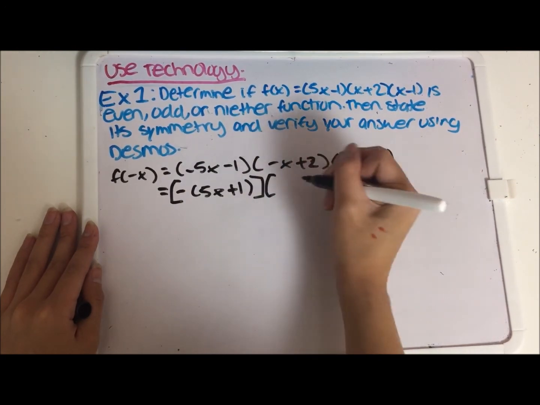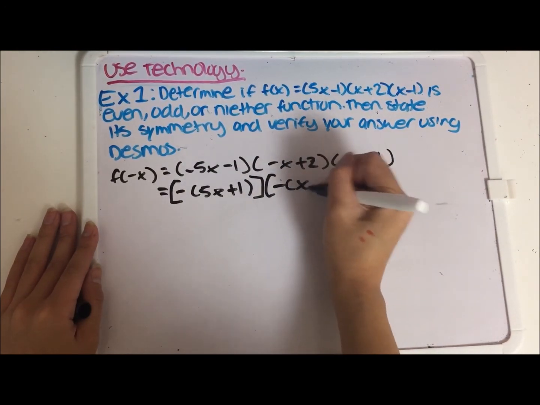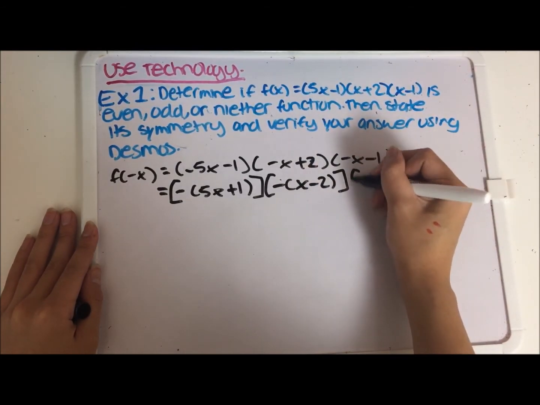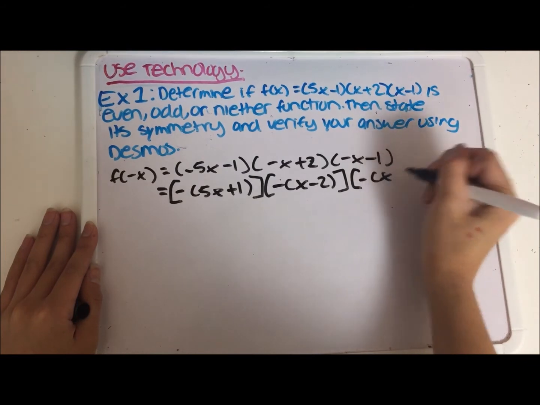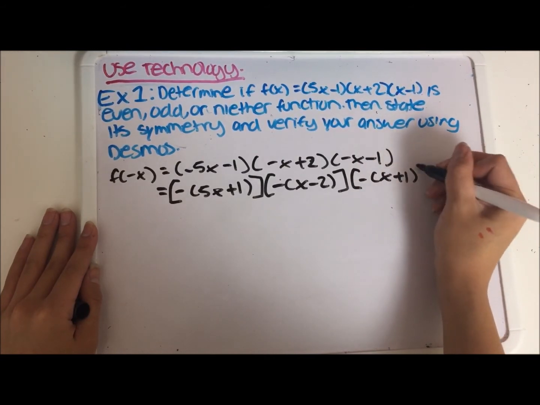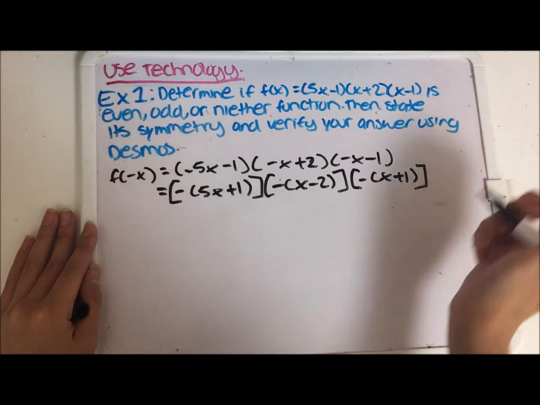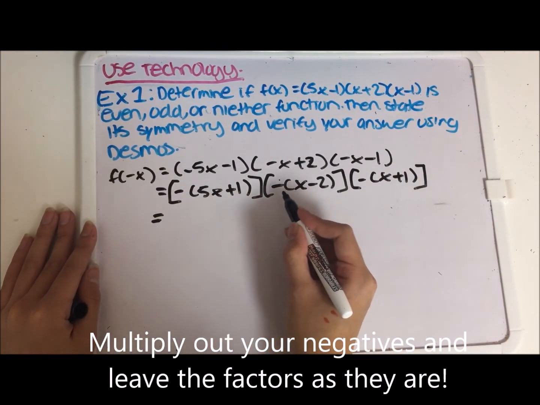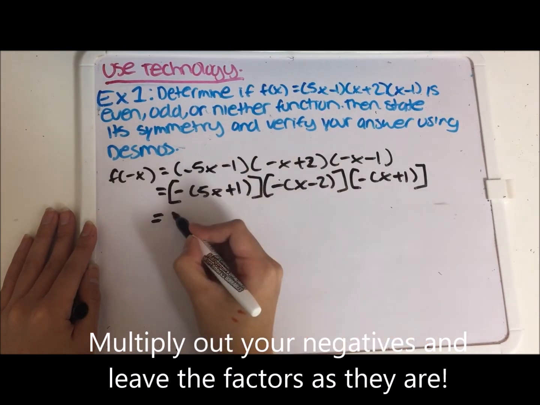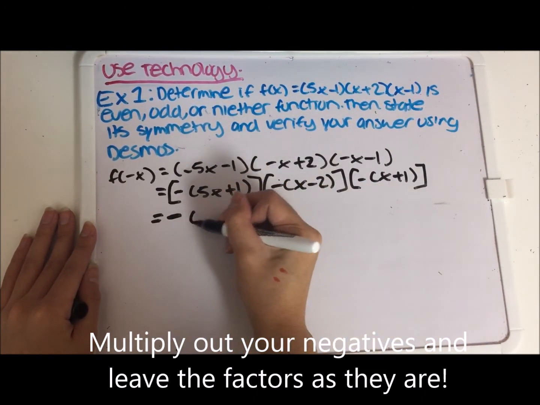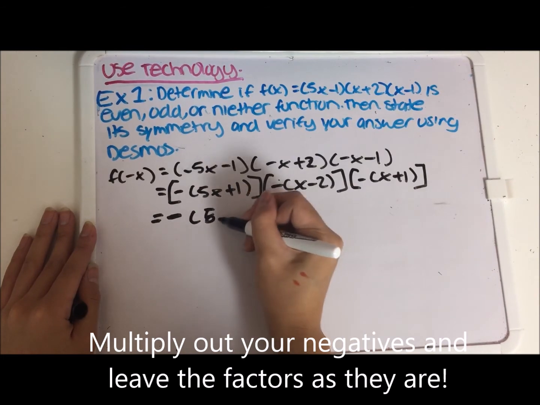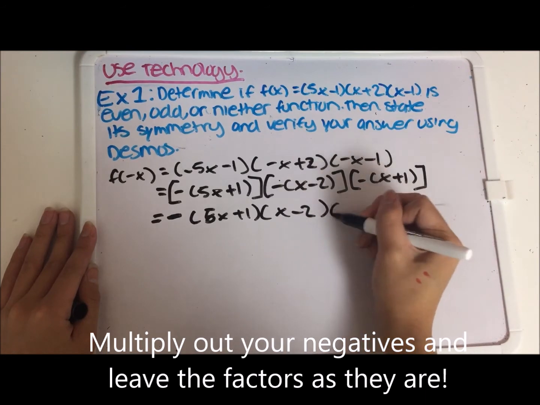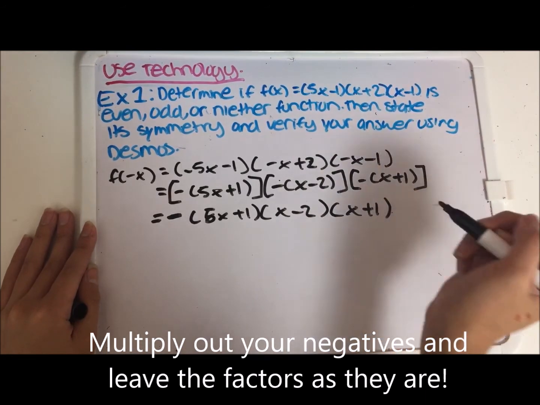And then the second one is negative x, and what's left over is negative 2 in the bracket. And for the third one, we take out the negative, we get x plus 1. Now, a negative and a negative makes a positive, and a positive and a negative makes a negative. So in the end, you get a negative, and your factors are the same: 5x plus 1, x minus 2, and x plus 1.